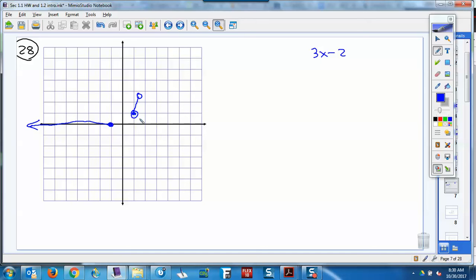Now this gets a little bit strange. Let me erase that. x squared is going to go through 1, 1, and then it's going to go through 2, 4, but it's going to be curving below this. So it'll come through here like so, but I don't want that part.